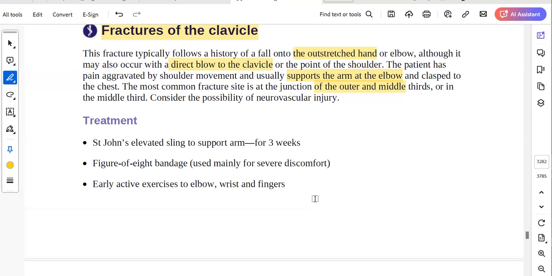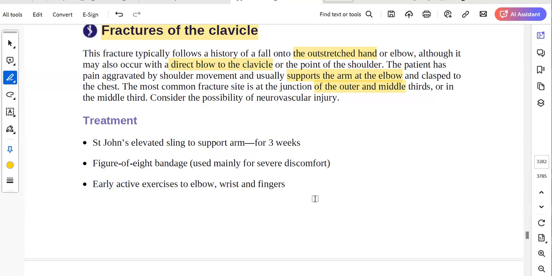So we check the radial pulse in this patient just to make sure that they haven't injured any of the arteries. And sometimes with a clavicle fracture, the patient can injure the lungs, and it can also get complicated with a pneumothorax. So we need to make sure there is no neurovascular injury and no injury of the lung.